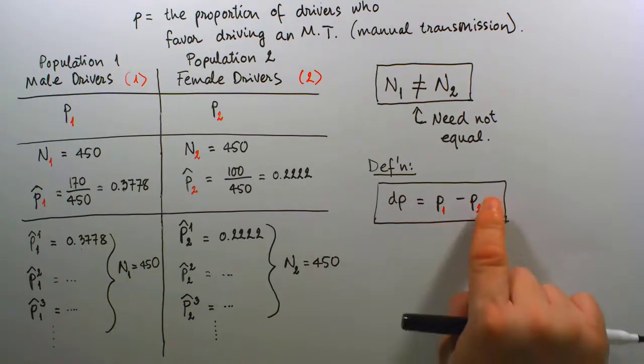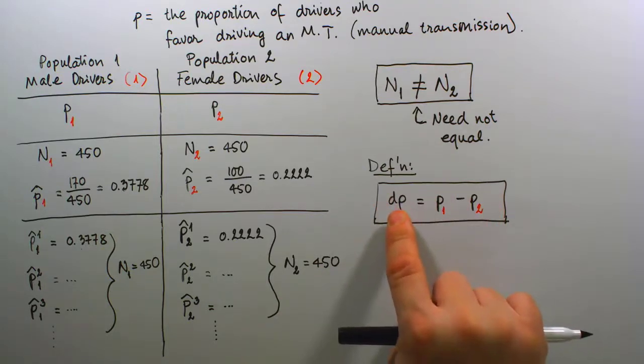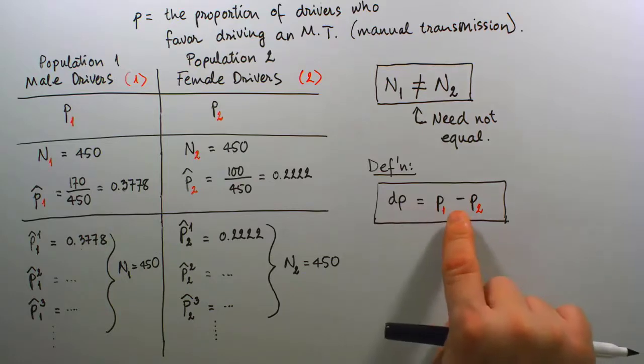We will always stick with this definition where dp, the difference in population proportion, is p1 minus p2.